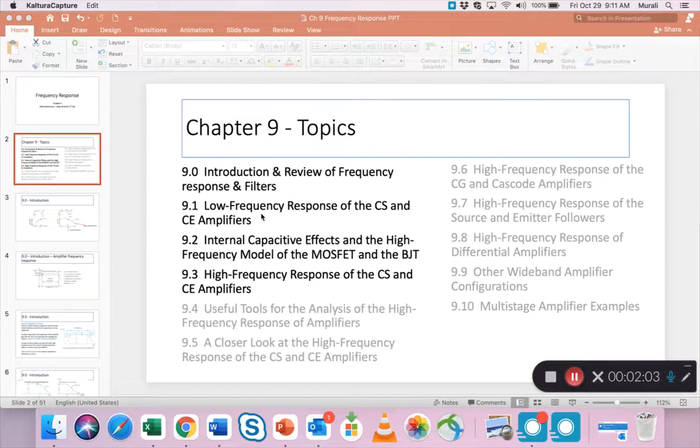Your minus 3 dB frequency, if it has to be 100 hertz, and you know the transistor parameters, you can say, okay, the coupling capacitor has to be so many nanofarads or picofarads or whatever. Similarly, when we were given the size of the coupling capacitors, we are able to then say what is the cutoff frequency on the lower side. So those were some of the things we learned.